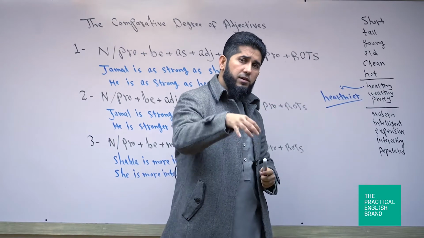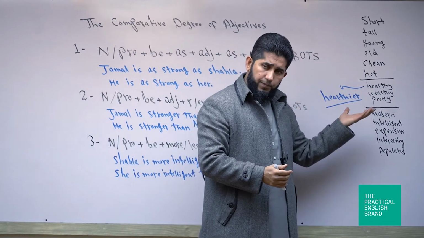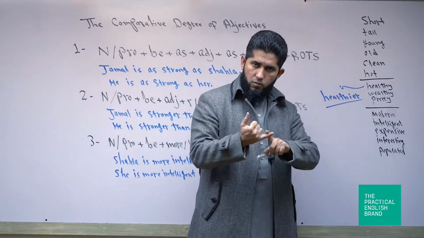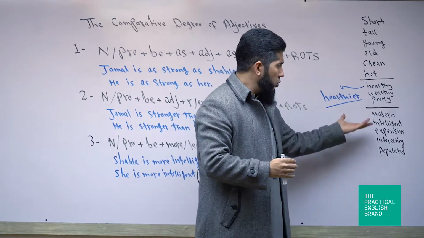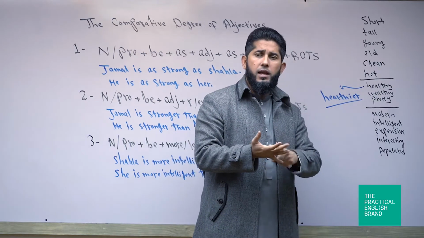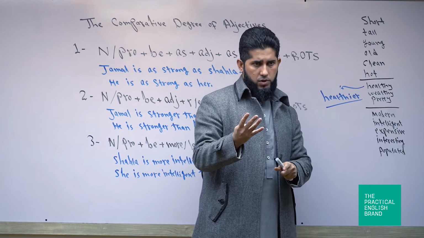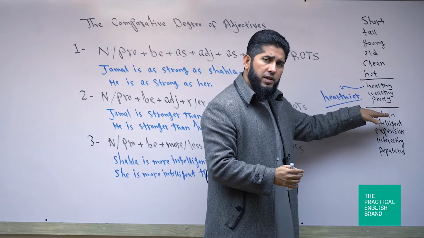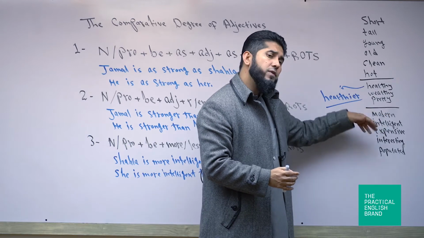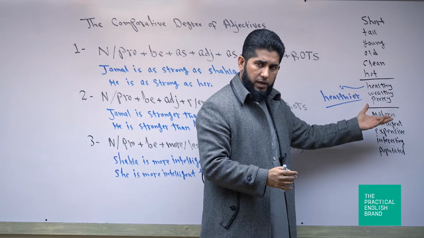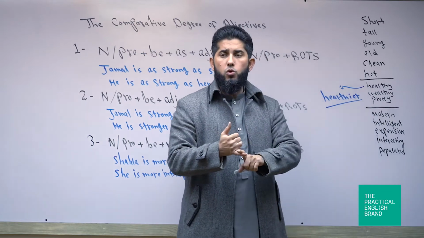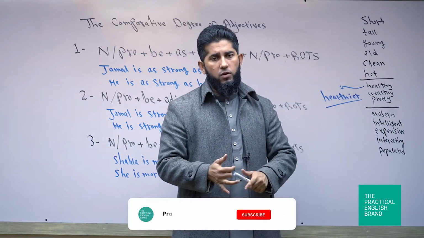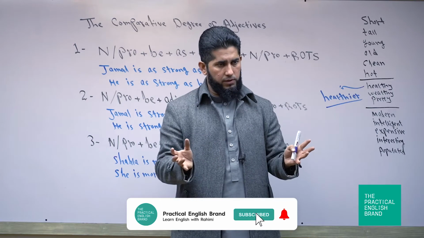But if your adjective is more than one syllable, it could be two, like modern. Modern, two syllables, right? It could be more than two, like intelligent, a four-syllable adjective. Okay? So if it is a two-syllable adjective and it doesn't end with Y, or if it's more than a two-syllable adjective, in that case we use more or less whenever we're trying to use them in the comparative degree. How?